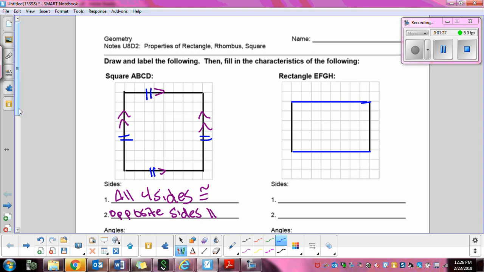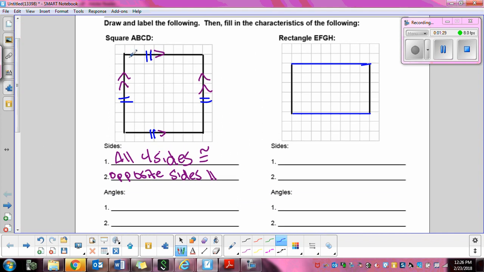So what we know about the angles of a square is that they are all equal. They're actually all 90-degree angles. So I'm going to put that in there. All four angles are congruent, and they're all 90 degrees.